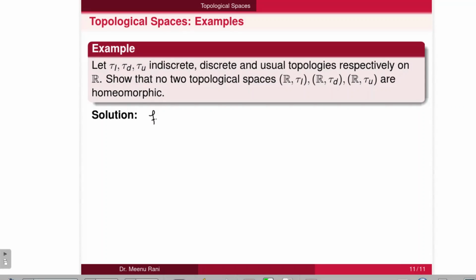if possible, let us suppose that f1 is a function from the indiscrete topological space to the usual topological space and is a homeomorphism map, then it implies that F1 is continuous, which gives that every open set in the usual topological space is open in the indiscrete topological space, and F1 is an open map also, and it means any open set in the indiscrete topological space is also open in the usual topological space, but it is possible only if F1 is a constant map.